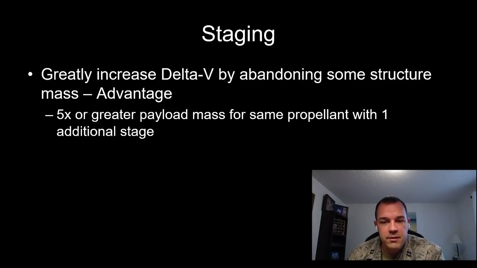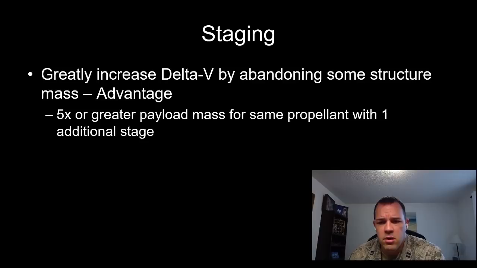Now it's not insignificant. It's pretty big, 5x or more payload mass for the same propellant. So if you take the same rocket and make it a 2-stage rocket, with the same propellant, same everything, you can get about a 5x increase in your mass of payload into space. And that's just by adding one stage.